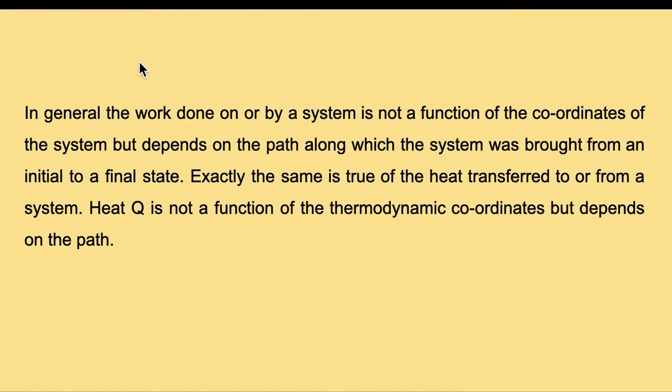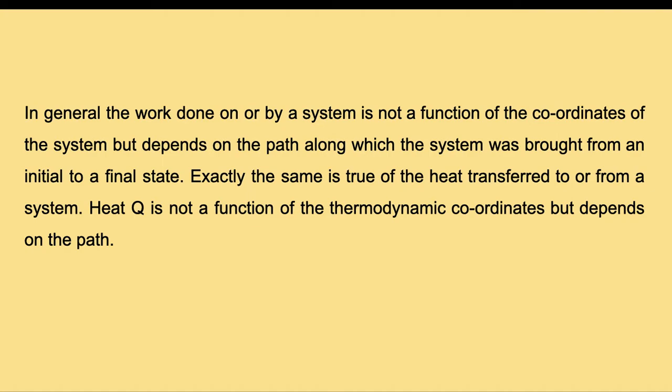In general, the work done on or by a system is not a function of the coordinates of the system, but depends on the path along which the system was brought from an initial to final state. Exactly the same is true of the heat transferred to or from a system. That means heat Q is not a function of thermodynamic coordinates but depends on the path.